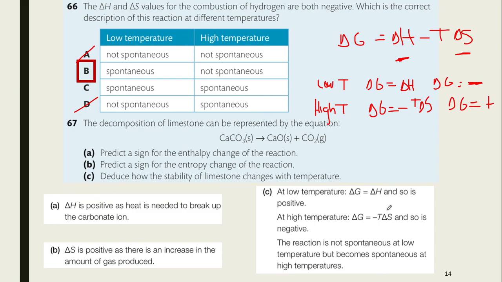So if delta S is positive and T is positive, then the overall Gibbs free energy is going to be negative. So what we can tell is the reaction is not spontaneous at low temperatures, but becomes spontaneous at high temperatures. That is because delta G is positive at low temperatures, so not spontaneous, and delta G is negative at high temperatures and therefore spontaneous.